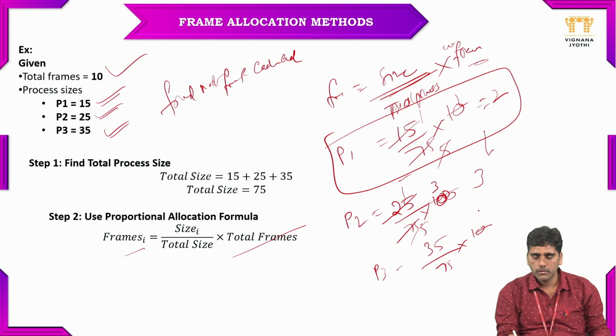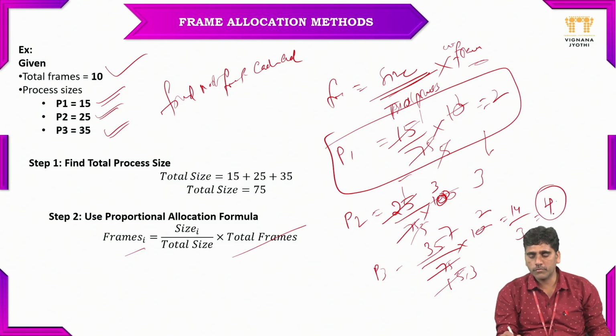So 5 into 2, 5 into 15, then next 5 into 3, 5 into 7. So 14 divided by 3 equals nearly 4 point something, that means 4 frames. So as per this calculation, P1 requires 2 frames, P2 is allocated 3 frames, and P3 is allocated 4 frames.